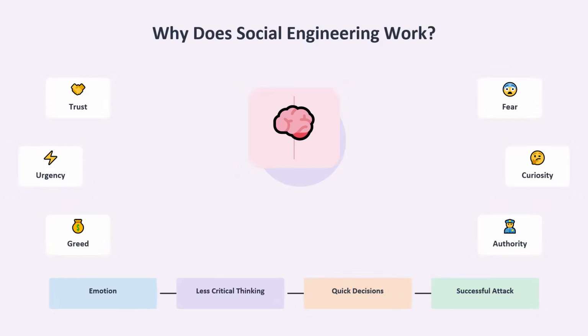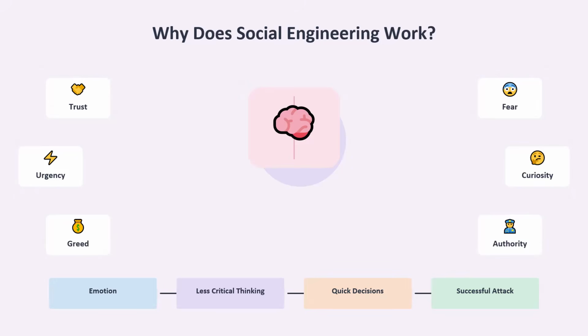So why does social engineering work? You might think, I would never fall for something like that, but these attacks aren't designed to fool people, as we discussed in the previous phishing video, which is a sub part of social engineering, by the way. We did a whole video on that and it's covered. You can check it out from the description or from one of the pop-ups that you see up here.